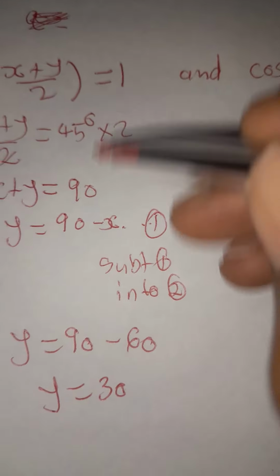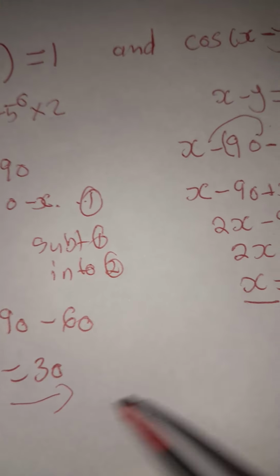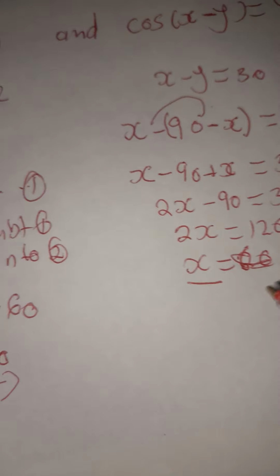That's 1, so it's correct. So definitely y is 30 and x is 60.